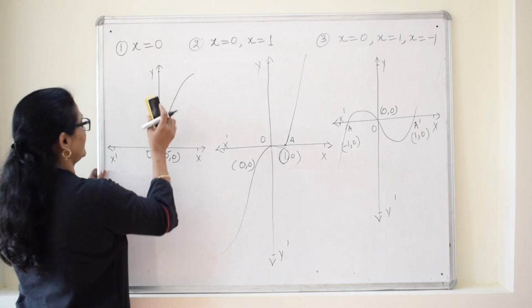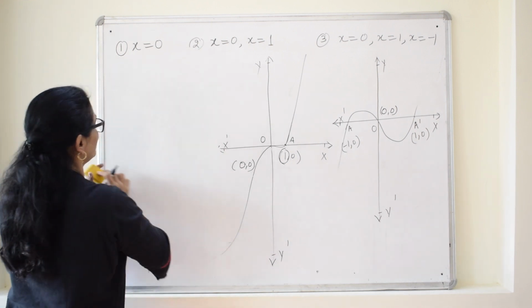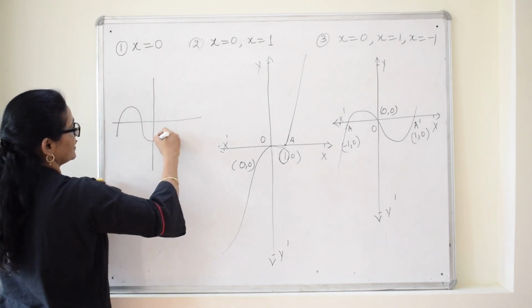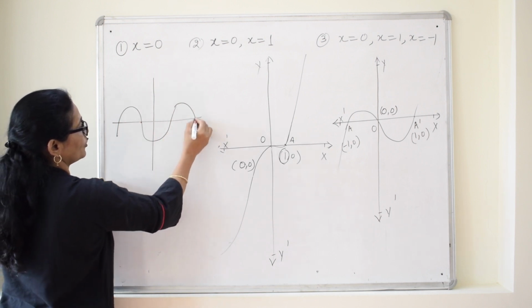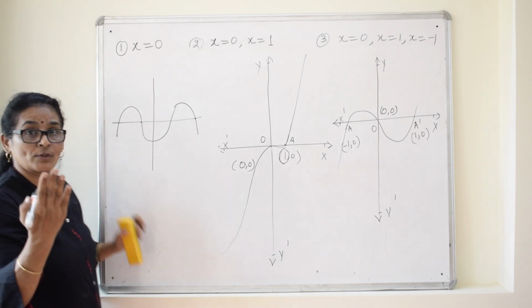Similarly, any curve, if it intersects the x-axis at 1, 2, 3, 4 points, it means this will be having 4 zeros.